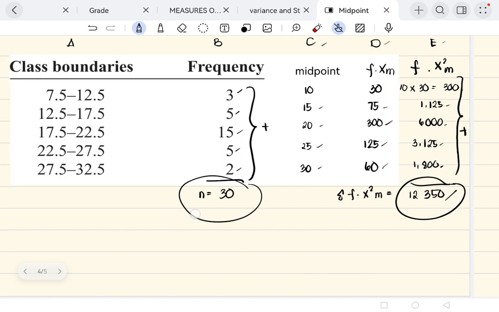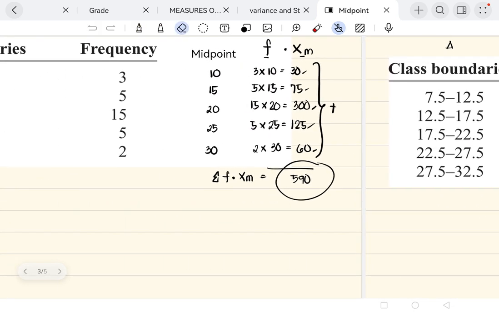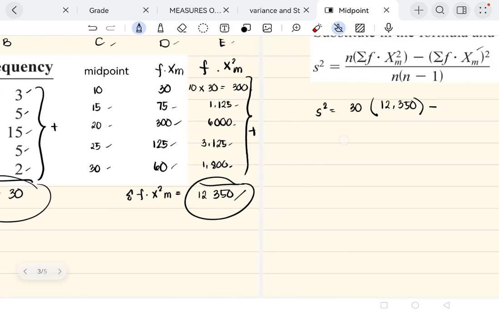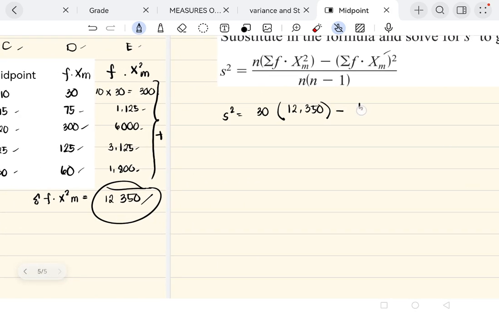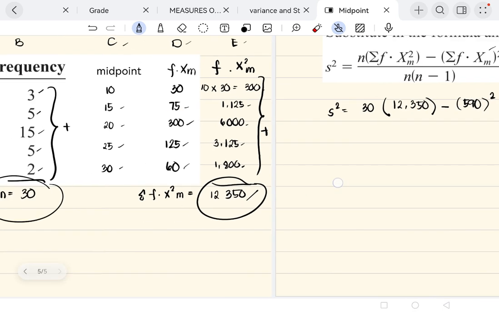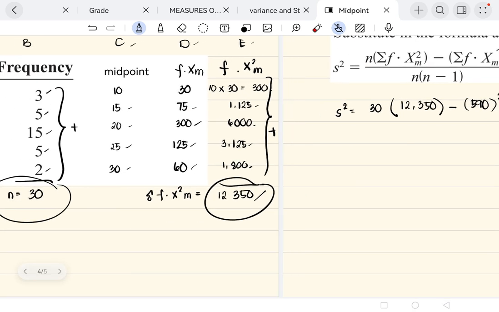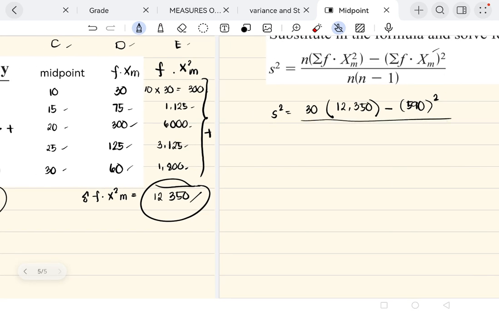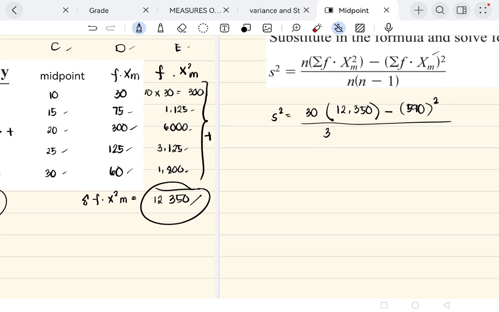So that is here 590. So that is 590 squared. So this is over our n, 30 times 30 minus 1.